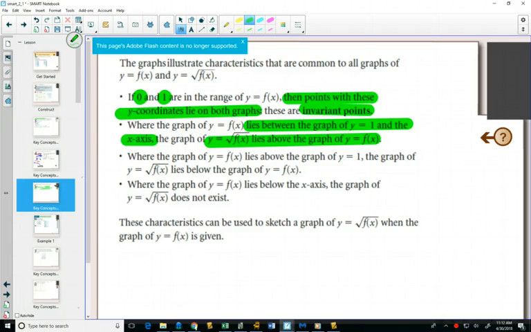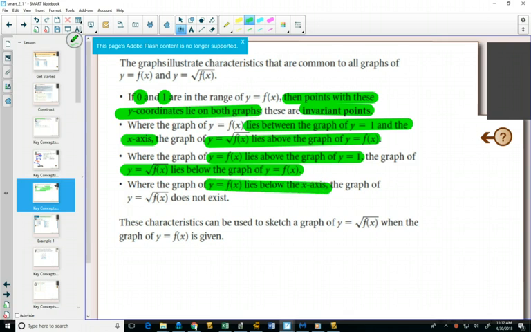And anytime your y values on your original graph are above y equals 1, your square root graph will be below. And finally, wherever your original graph's y values are negative, your square root graph will not exist because you can't take the square root of a negative number.